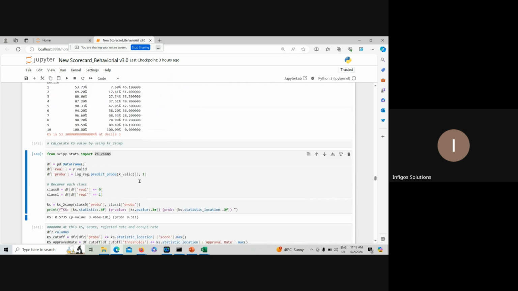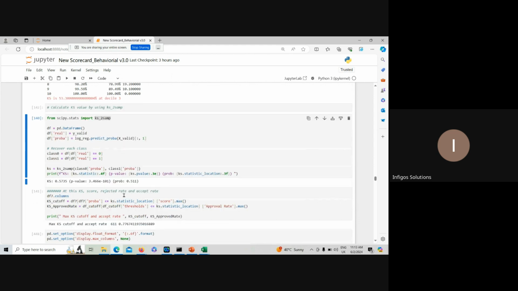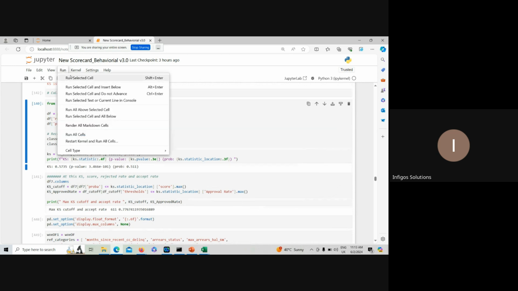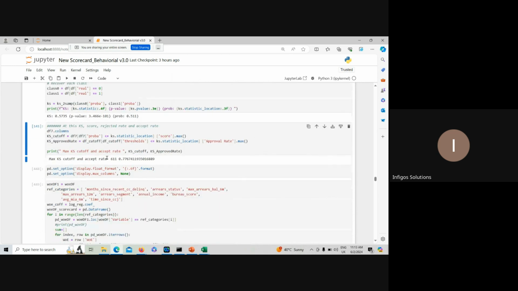So we're getting the probability. Sorry, we already did this. Let me do it again. And then we're getting the acceptance rate as an acceptance score. This is the maximum and minimum score.